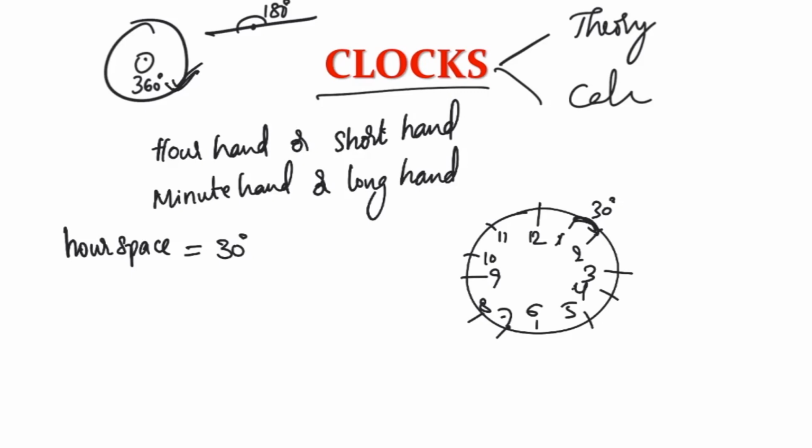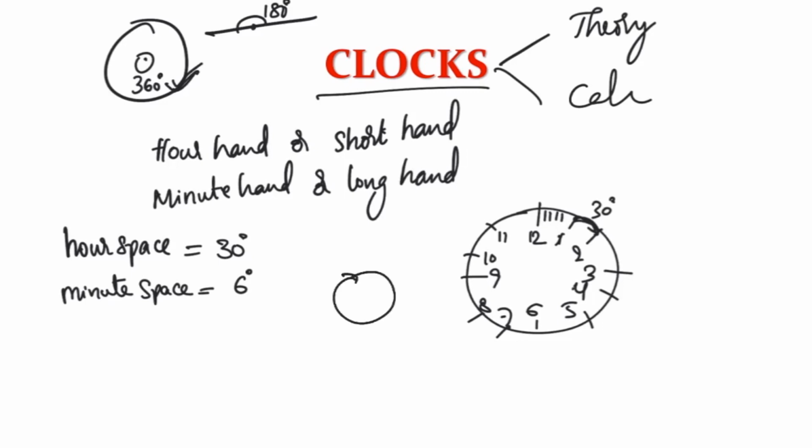And each hour space is further divided into 5 parts, and each part is known as minute space. Each minute space is of 6 degrees. And hour hand takes 12 hours to complete a rotation.